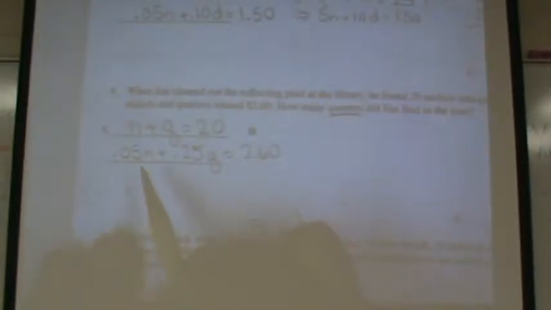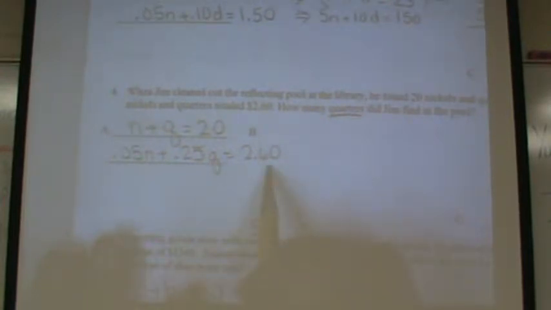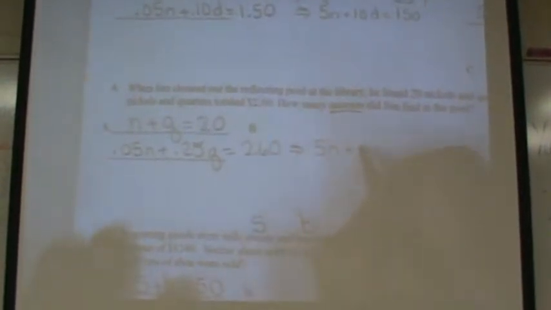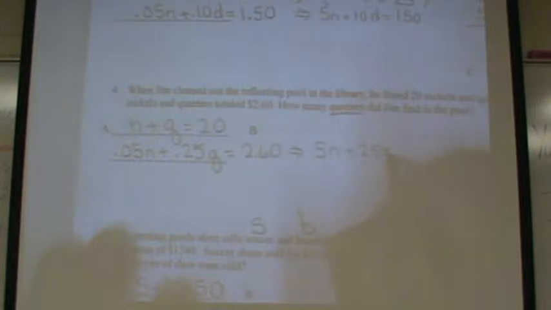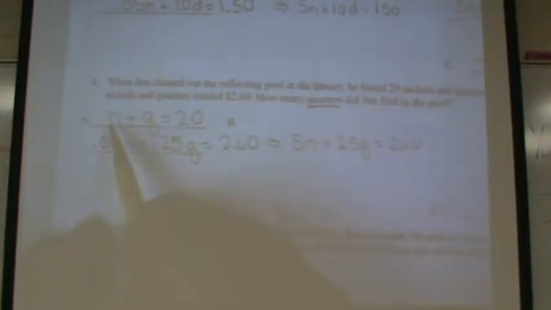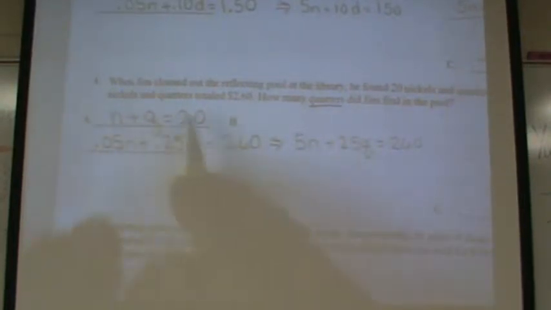Next one. We have 20 quarters and nickels. Nickels are 5 cents, quarters are 25 cents, and we have 260. So again, I would move the decimal 2 places over here. And we get 260 here. I would multiply this whole thing by negative 5. Let's just do that right now.